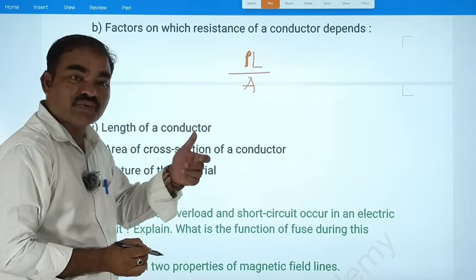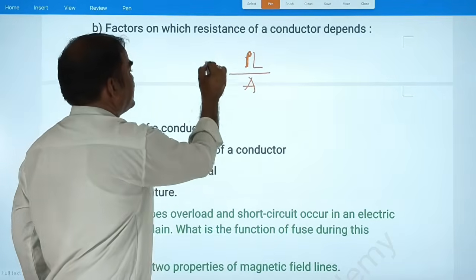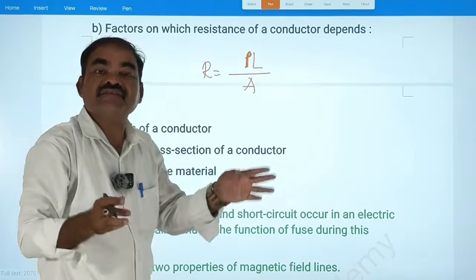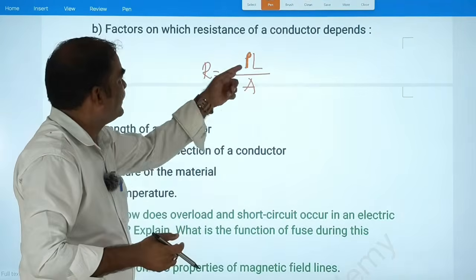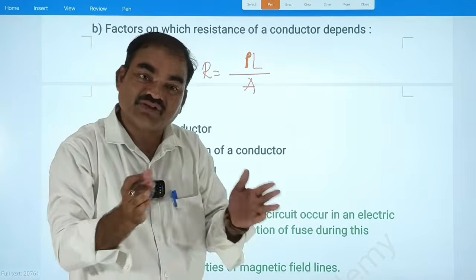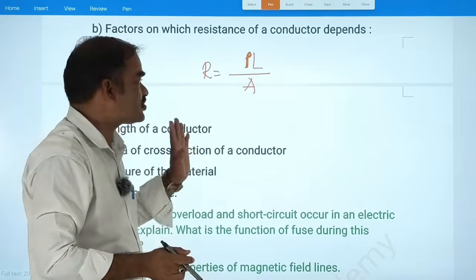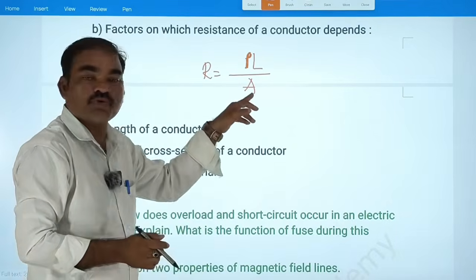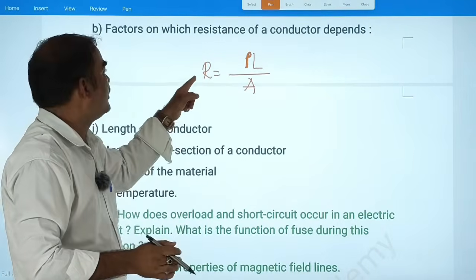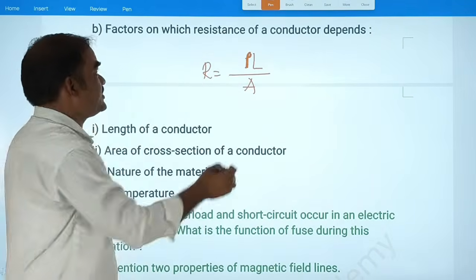So resistance is directly proportional to resistivity, meaning the material, and directly proportional to the length of the conductor. If the length increases, resistance also increases, and it is inversely proportional to the area of cross section. If the area of cross section increases, resistance will decrease.